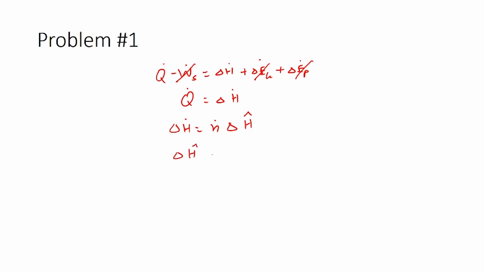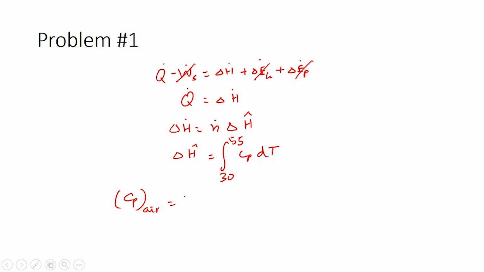So delta H cap is equal to the integral of Cp dT, and temperature here increases from 30 degrees Celsius to 55 degrees Celsius. So we can look up the tables or any handbook to get the Cp of air.